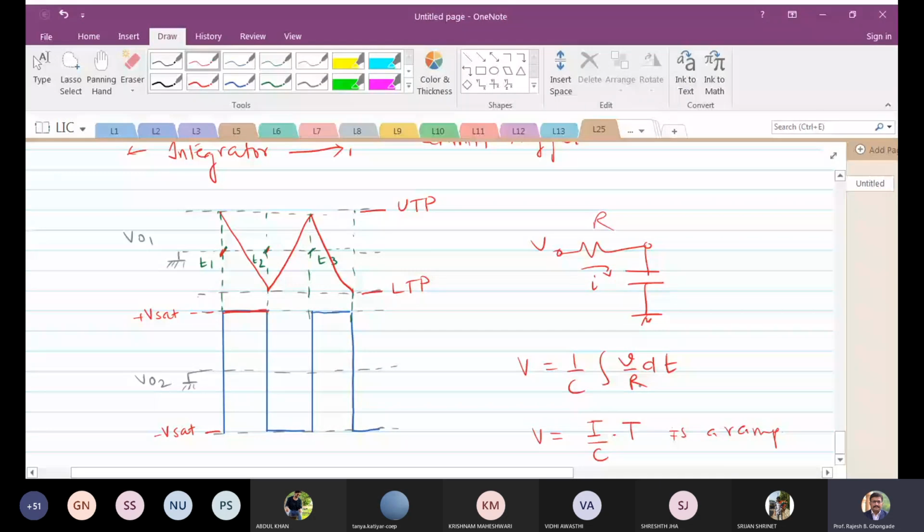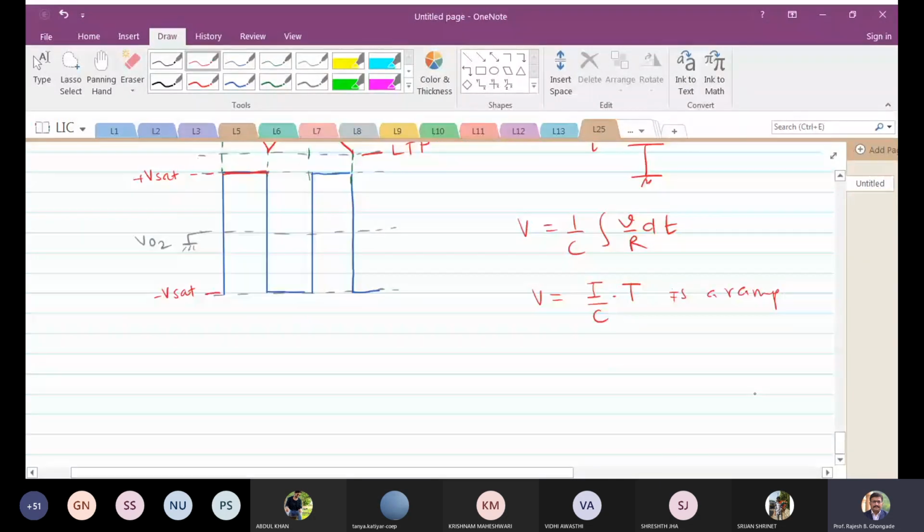So I can still remove this out and I get an equation like this, which we have already seen actually. You remember that? So VC will be V by RC into T. So this is going to be a ramp of some sort, isn't it? That is exactly what is happening here.